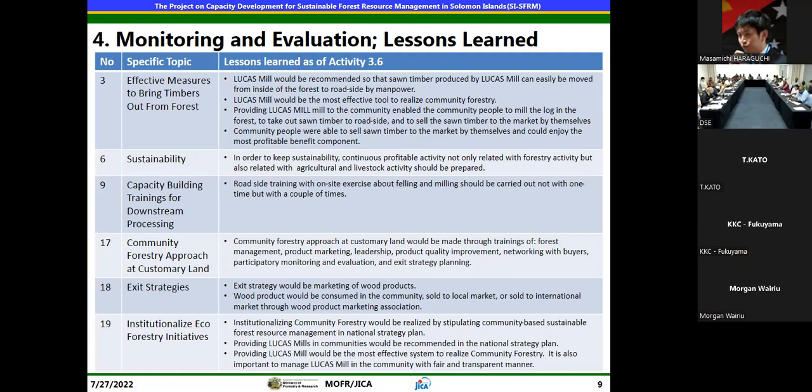Lesson learned as of activity 3.6: Lucas mill would be recommended so that sawn timber produced by Lucas mill can easily be carried from inside of the forest to roadside by manpower. Lucas mill will be the most effective tool to realize community forestry, and this is very true.